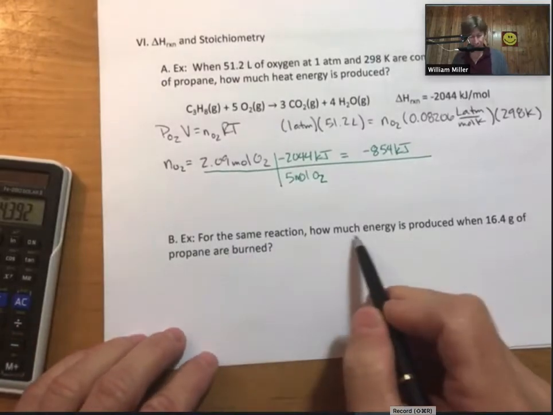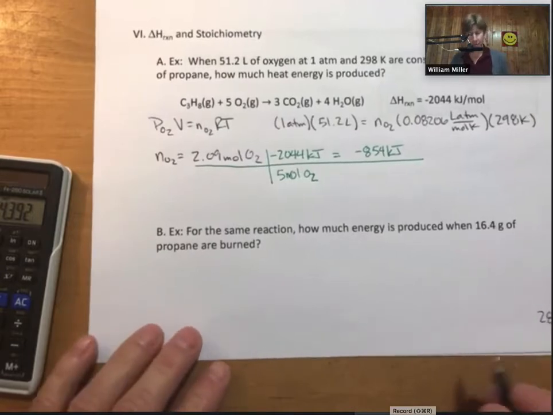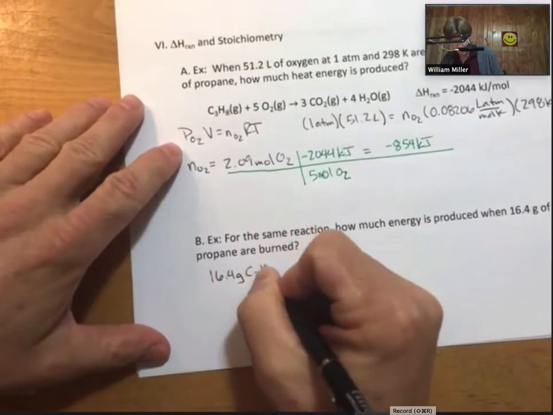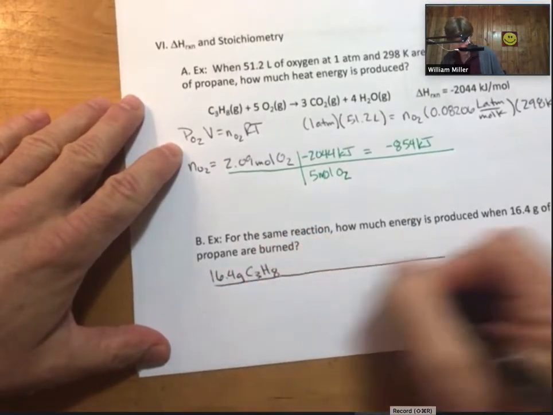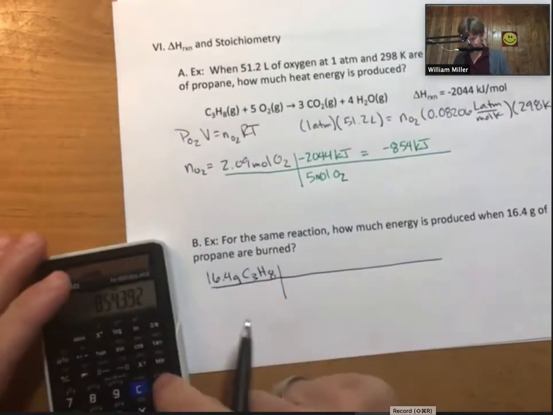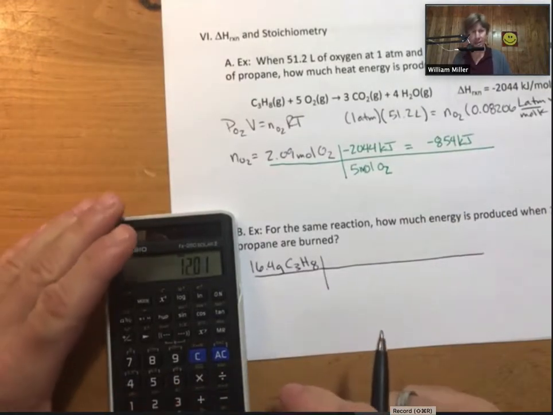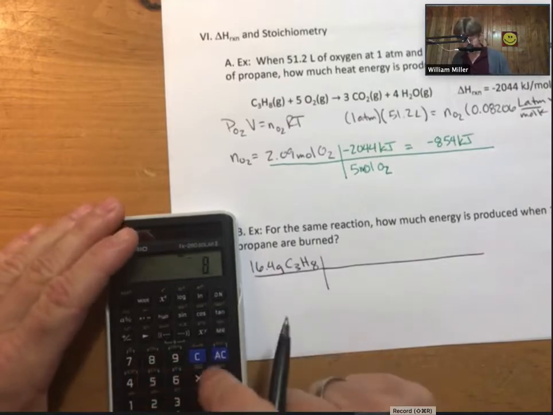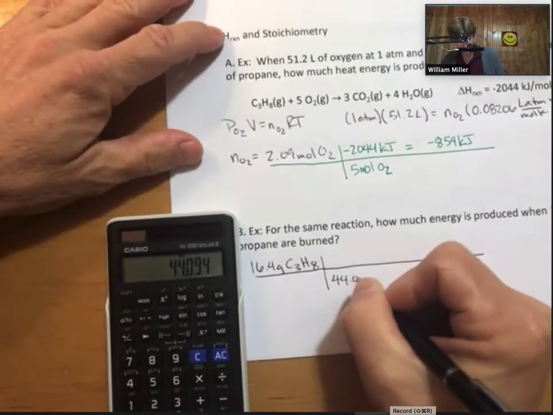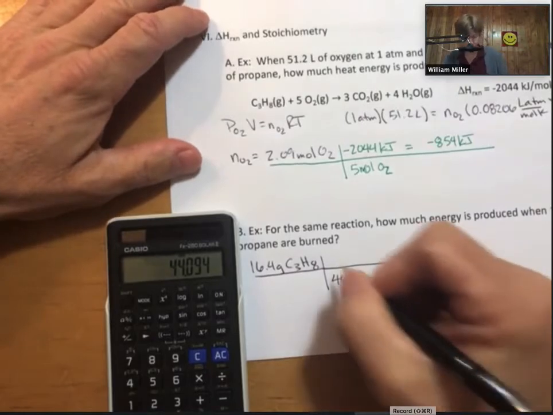Now, for the same reaction, how much energy is produced when 16.4 grams of propane are burned? For this one, we'll start with grams of propane. This one I think we'll need a longer picket fence for. So propane, its molar mass, 3 times the molar mass of carbon plus 8 hydrogens, we get 44.09 grams of propane per 1 mole.